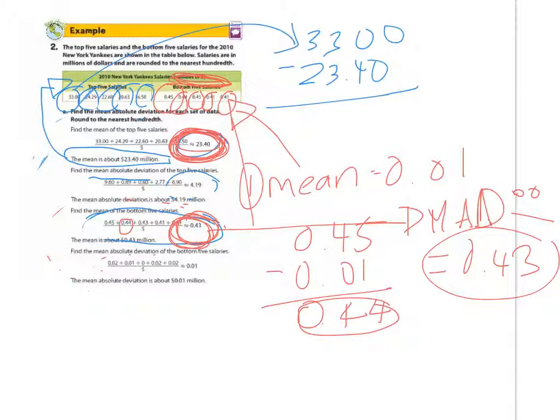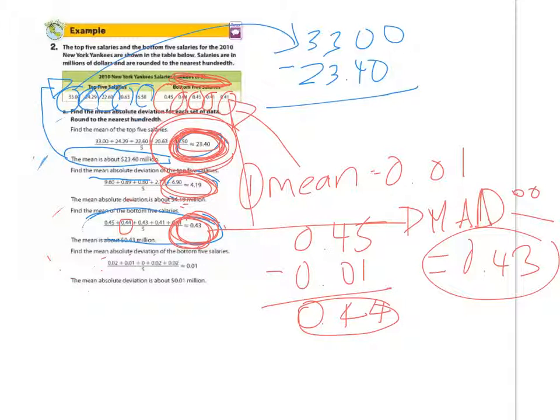This means that the mean absolute deviation of the bottom 5 salaries is more spread out than the mean deviation of the top. The top 5 salaries are closer to the mean. So on average, they probably earn closer to what the mean is here, which is 23.4 million.